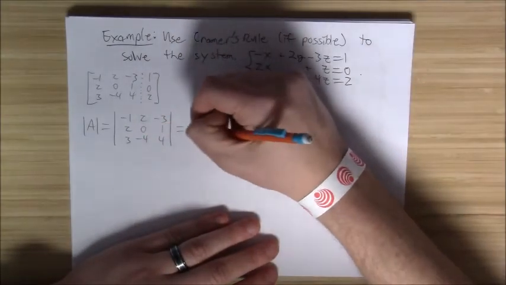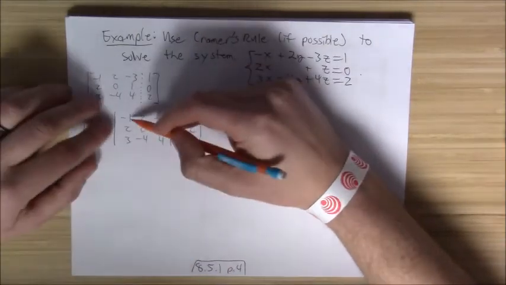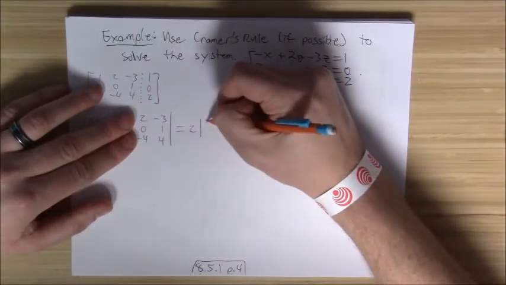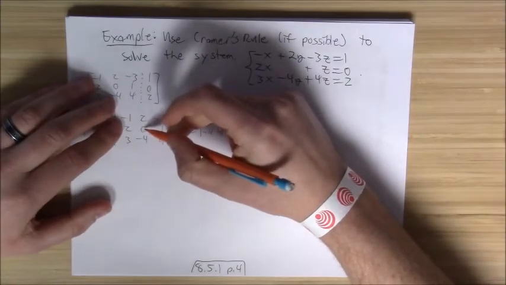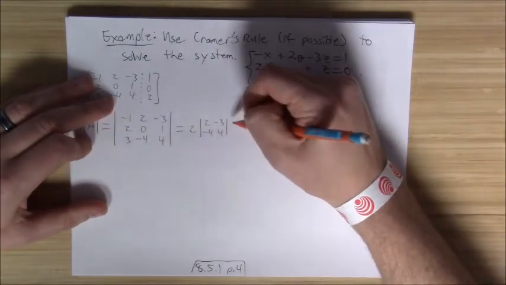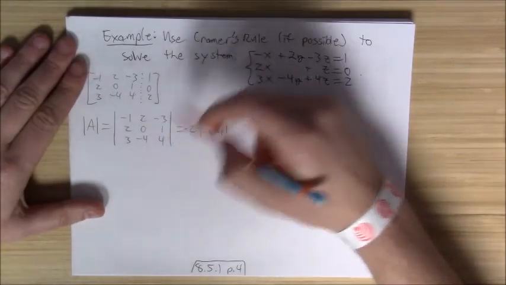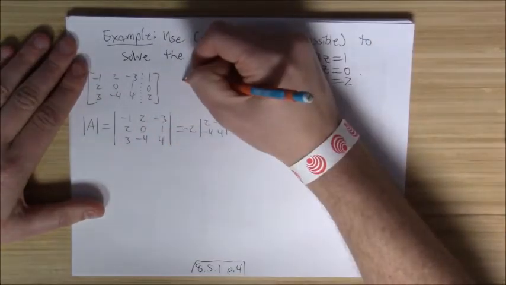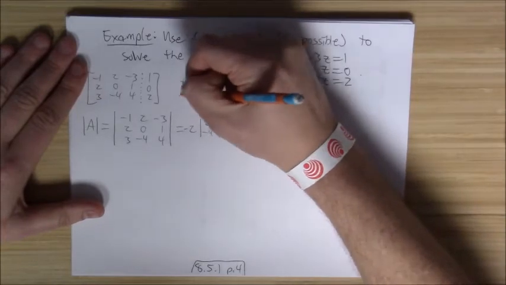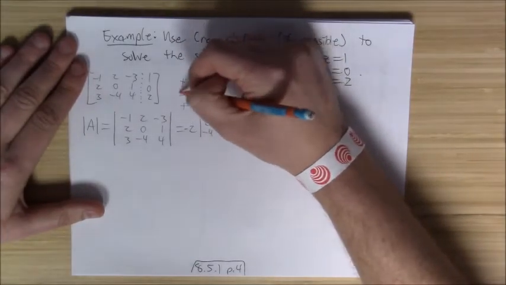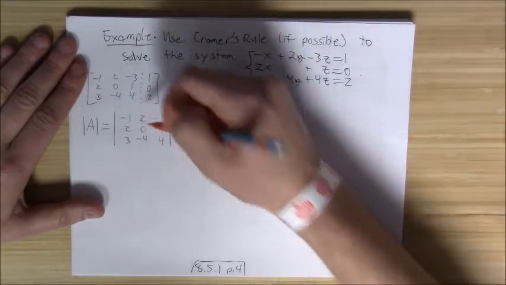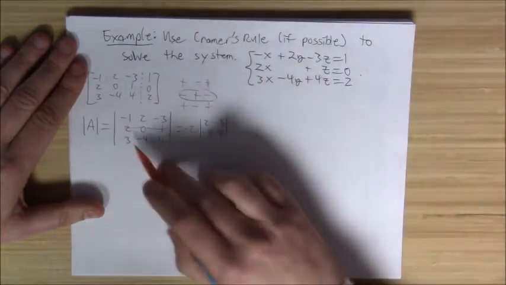So we'll have 2 times the determinant of 2, negative 3, negative 4, 4. Plus, well, that'll be negative, sorry. Forgot about my sign. So negative, because lest we forget, plus, minus, plus, minus, plus, minus, plus, minus, plus. So negative, positive, negative, along there.